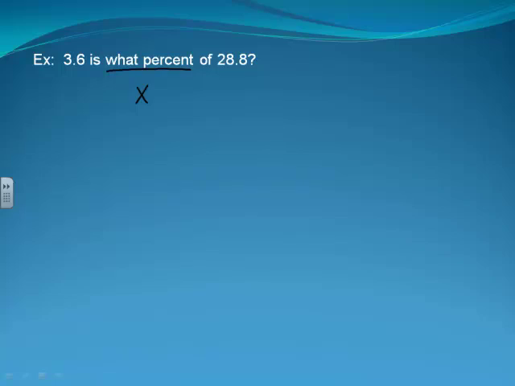Okay, so reading left to right, we've got 3.6 is, means equals always. What percent, that's what we're trying to solve for. Of means multiplication, and 28.8. Trying to solve for x, so we have to get rid of that 28.8.